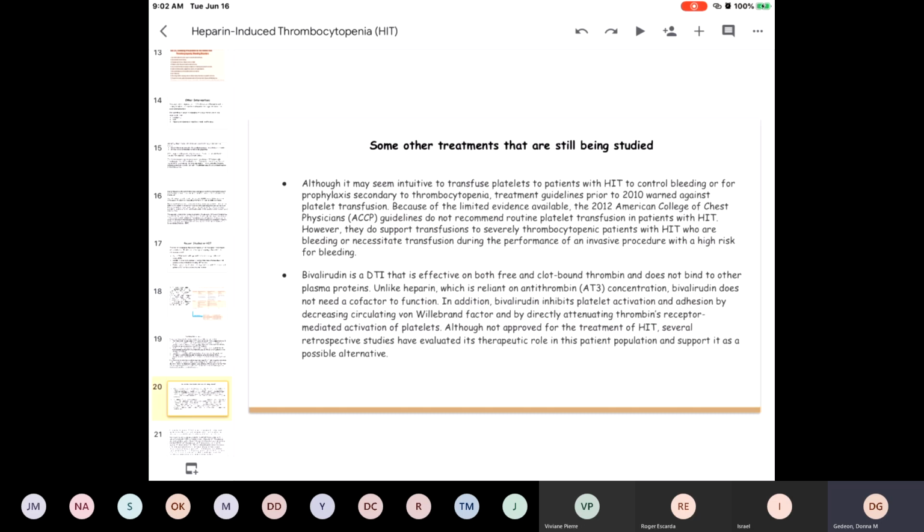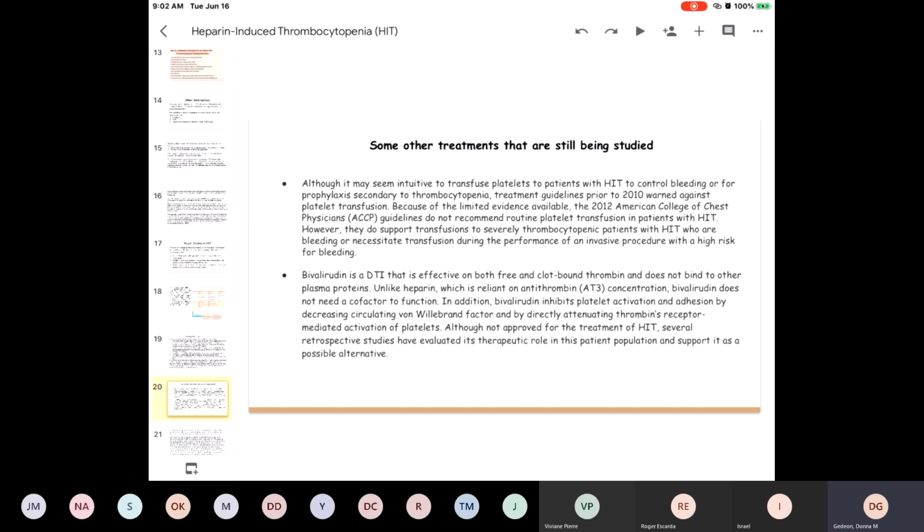In addition, bivalirudin inhibits platelet activation and adhesion by decreasing circulating von Willebrand factor and by directly attenuating thrombin receptor mediated activation of platelets.